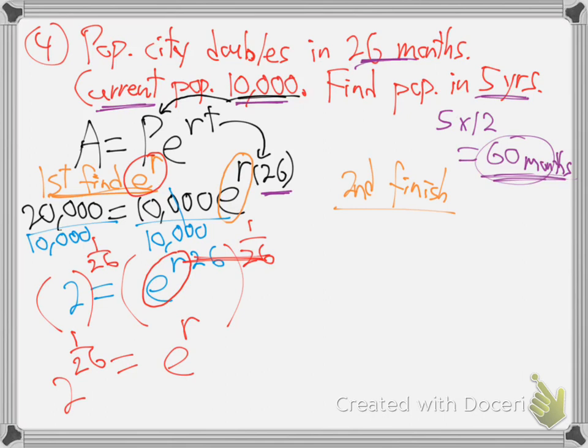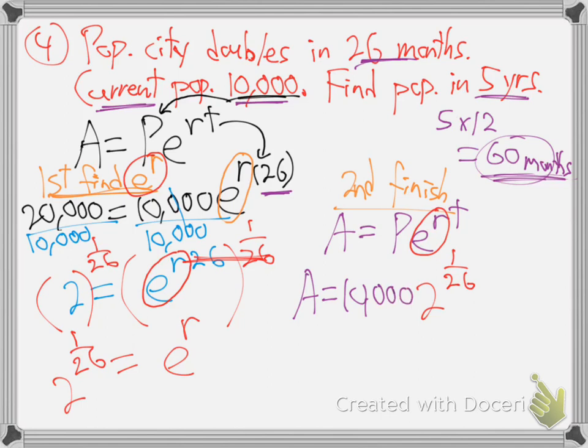Now, why am I doing all that? Because that'll make it so much nicer as you do part 2. You come in for part 2 and you say, okay, A equals Pert. It's all about Pert. And now I know what the e to the r is. What is e to the r? 2 to the 1 over 26. And what's the P? That's 10,000 still.